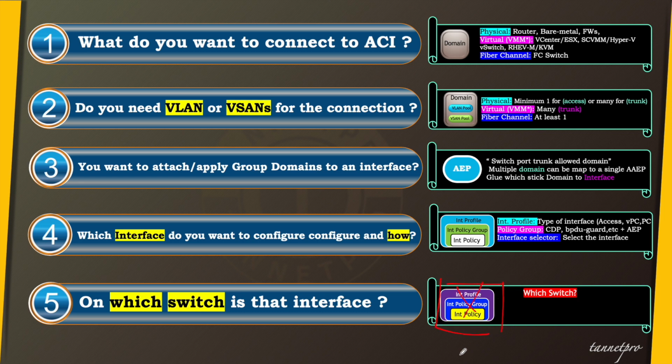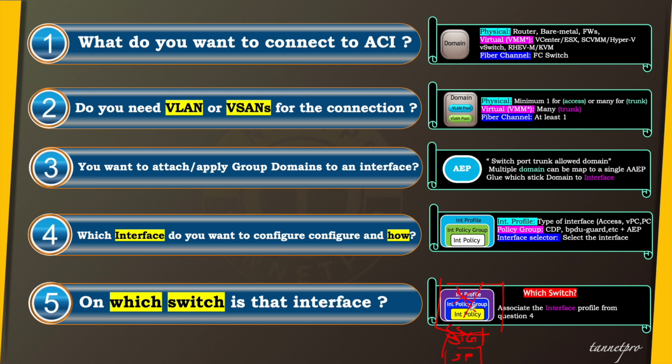So here we'll create a switch policy, then we'll tie together a switch policy group, then we tie together a switch profile, not an interface profile at all. Then to answer which switch, we associate this interface profile from question 4. So we'll associate definitely with question 4. Hope it is clear.